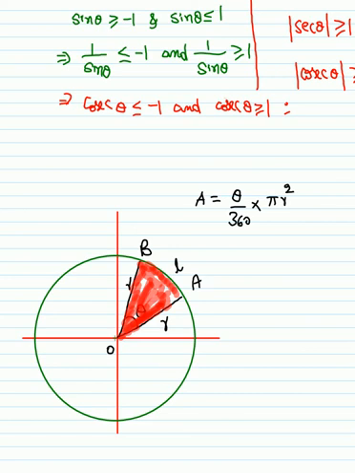Otherwise, the length of the arc L is equal to theta by 360 into 2 pi r.